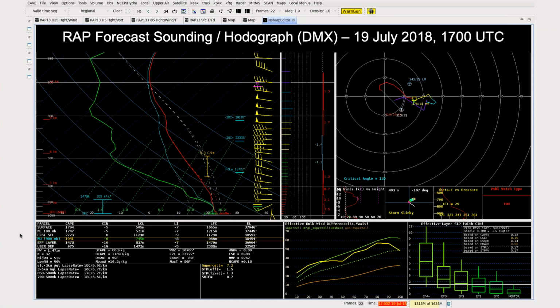Low-level flow is pretty modest, as we noted earlier, but there is considerable veering in direction if you look at the hodograph, and that gives us an effective storm relative helicity of more than 200 meters squared per second squared.